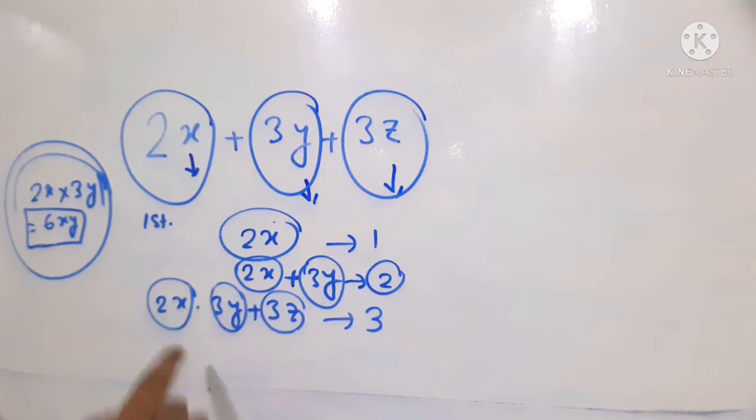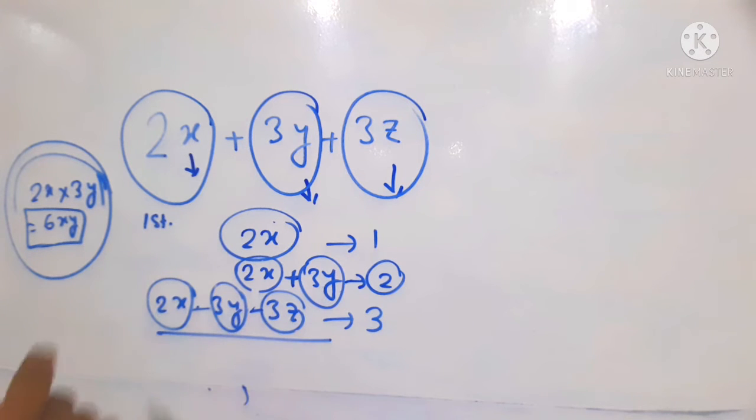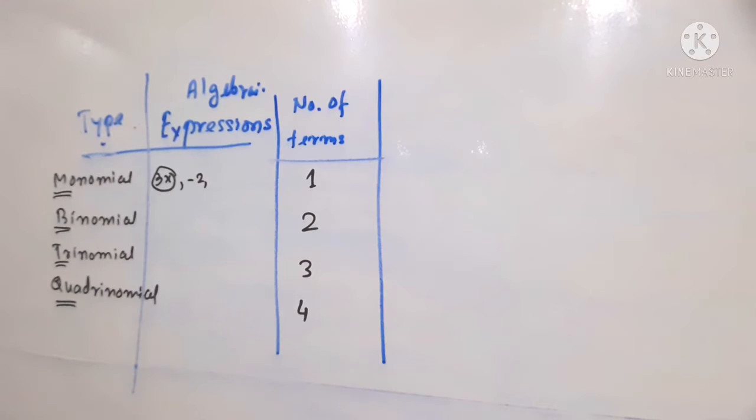When this is minus, then this is 1, 2, 3. When it is related only by multiplication and division, then it should be 1. So check the next point, then this will be more clear.